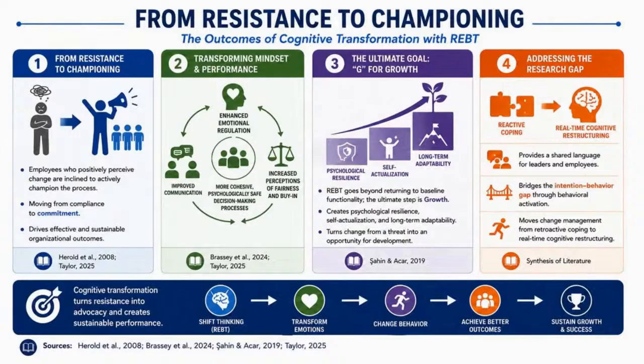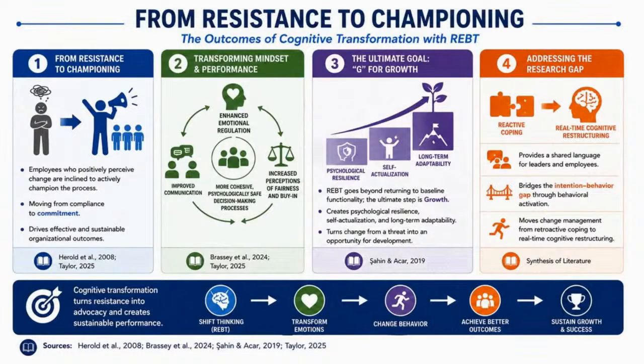And this perspective also helps address an important gap in traditional change management approaches, because historically, organizations have often responded to resistance after it appears, focusing on reactive coping strategies. And this approach that I'm proposing in this research shifts that focus toward real-time cognitive restructuring, not just simply identifying a champion, but really helping employees and leaders to understand the root cause of why they're responding in this way.